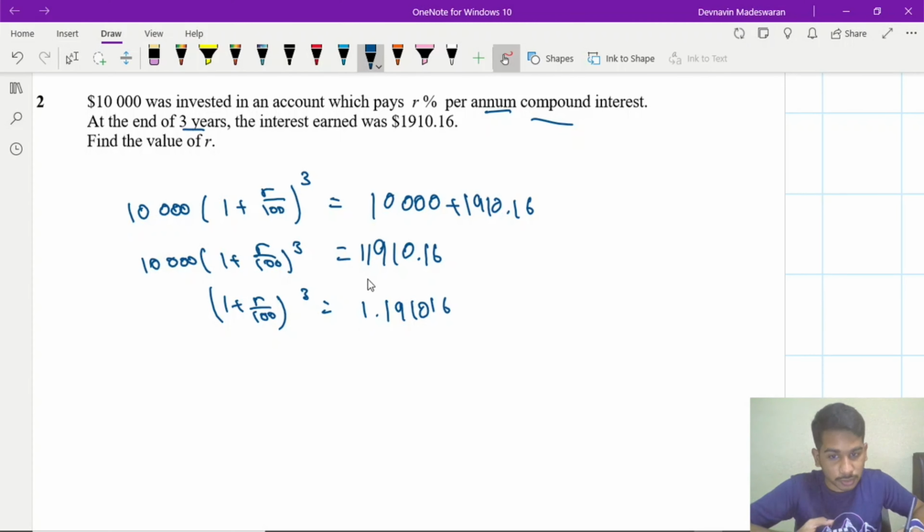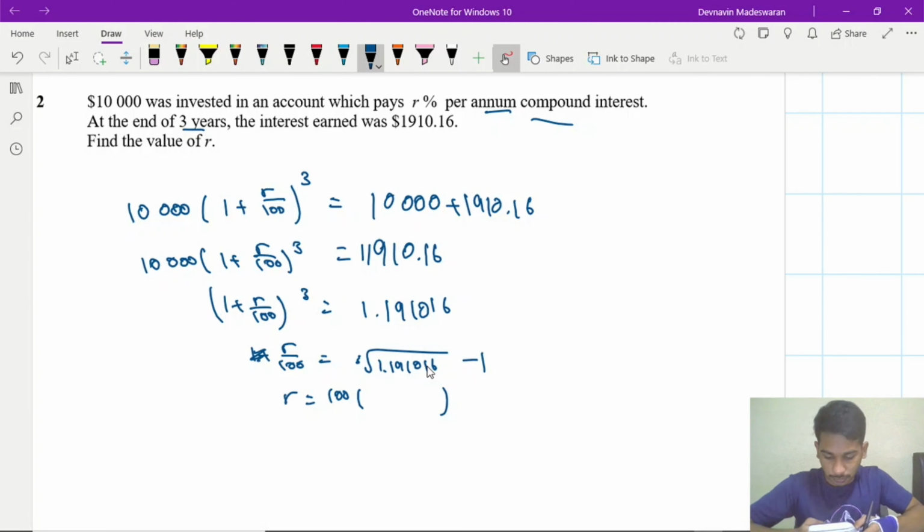And we're going to cube root both sides. So 1 plus R over 100 is going to be the cube root of that thing. Then we can subtract 1 from both sides, then R is going to be 100 times whatever that is.